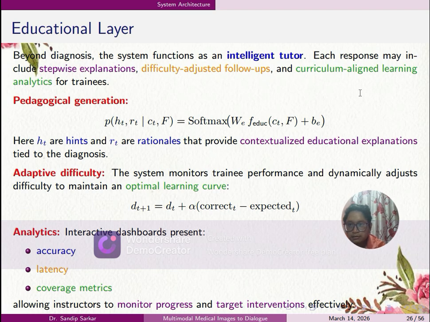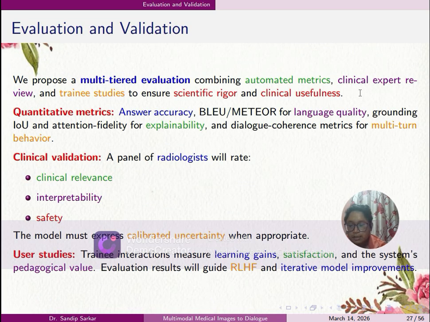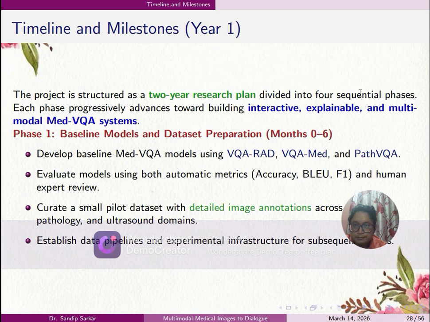Finally, the educational part, and next evaluation metrics, which will be useful for the medical domain.